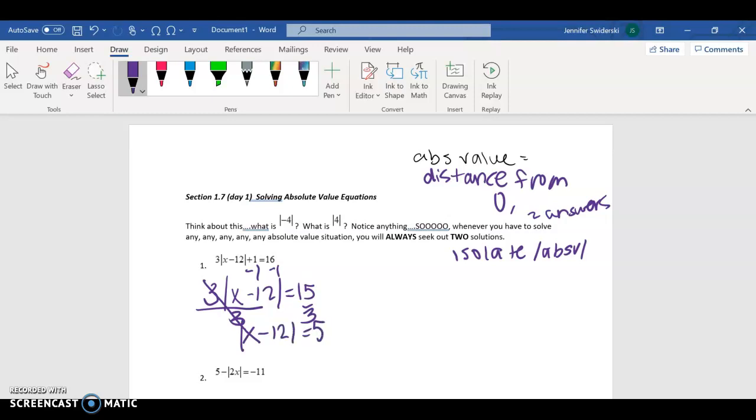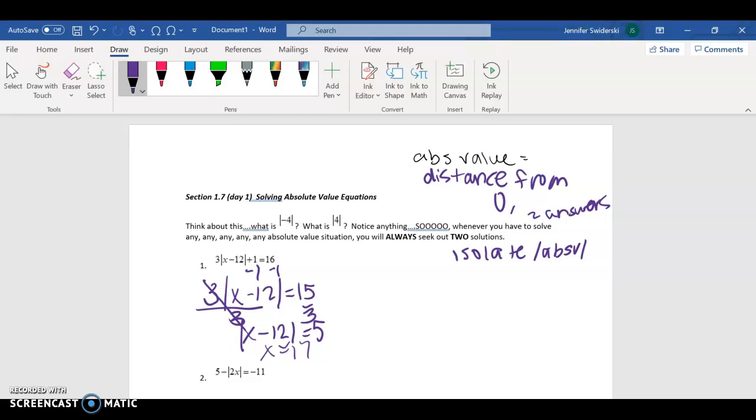Well, some of you are going to say, hey, Ms. Fedorsky, I know I could add 12 to both sides, and I would get x is equal to 17. Okay, so the absolute value of 17 minus 12 is 5, and 5 is equal to 5. That works. But remember, up above, we talked about how you're going to have two answers. So we have x is equal to 17.